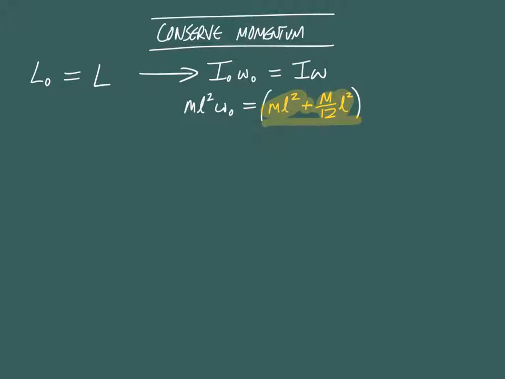Those masses come together. If the pollen sticks to it, which it will because of the charge, then now I have a 1/12 ml squared for this rod, plus an ml squared for the thing stuck at its end, at length L. That's what's going on in the problem. And then this has that final angular speed.